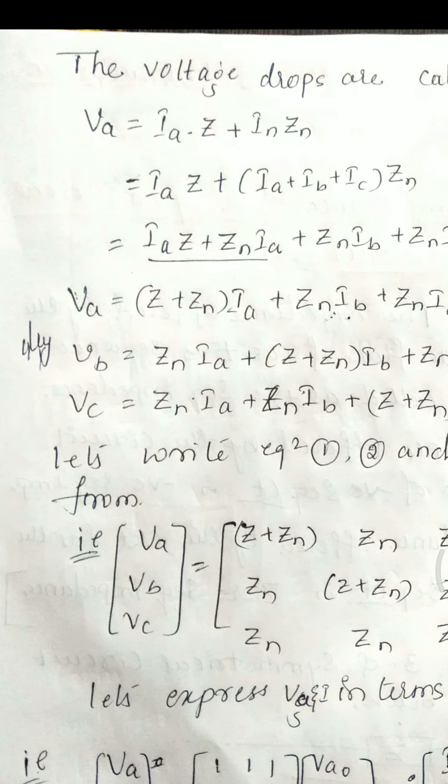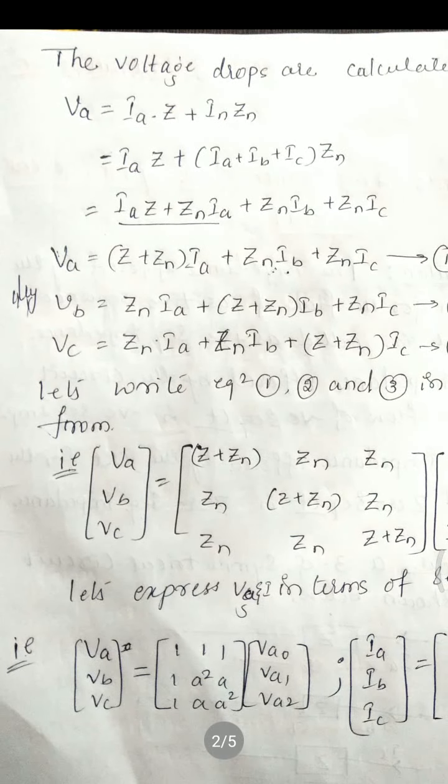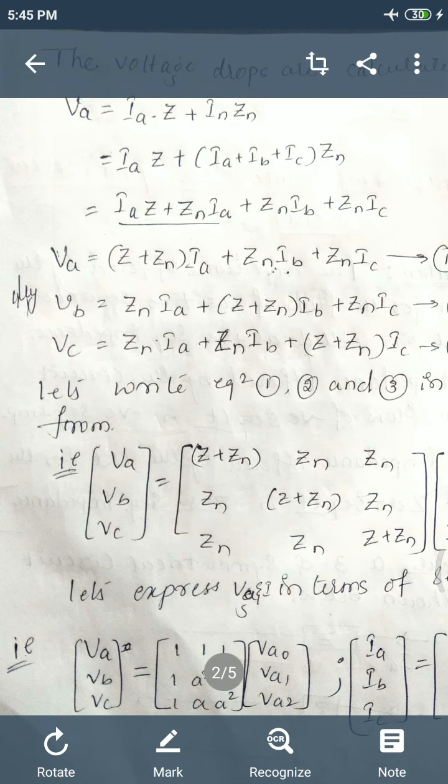Similarly, express VA in terms of IA, IB, IC along with Z. First, VA is equal to Z plus Zn into IA plus Zn into IB plus Zn into IC.